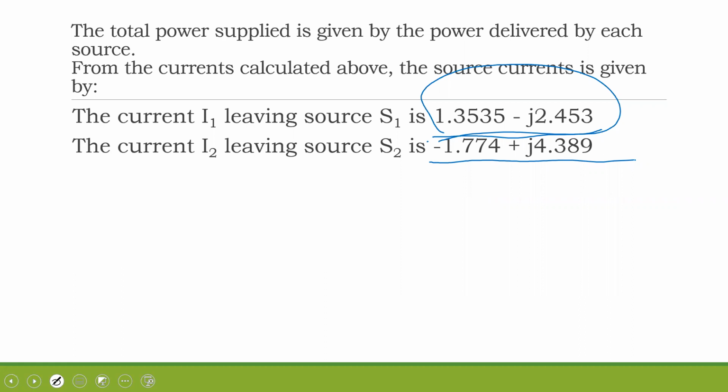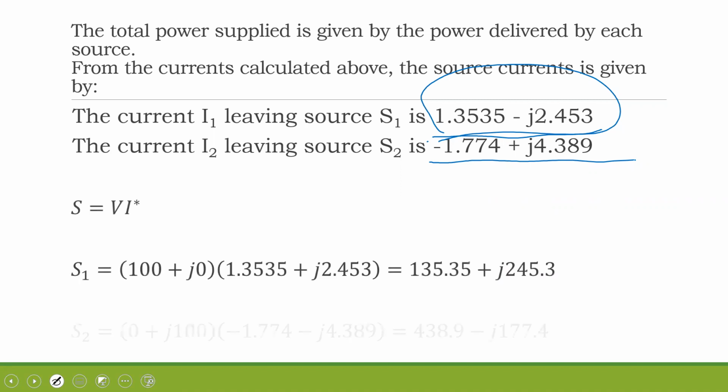All right. So once we have that, then we know that S is equal to V I conjugate. So S1 is given by 100 plus j0 times the conjugate. So the key here, students, is that first, you are looking for the current leaving. However that affects the signs for the current, it's neither here nor there.